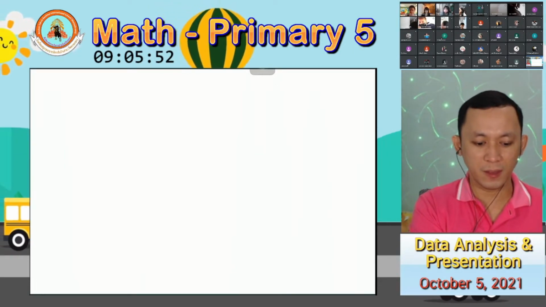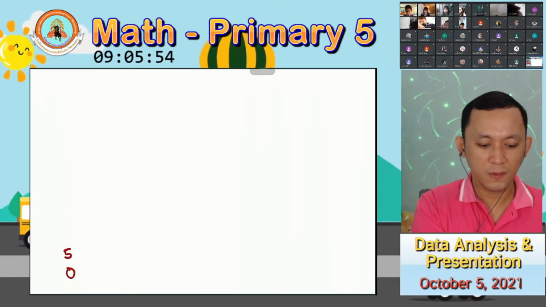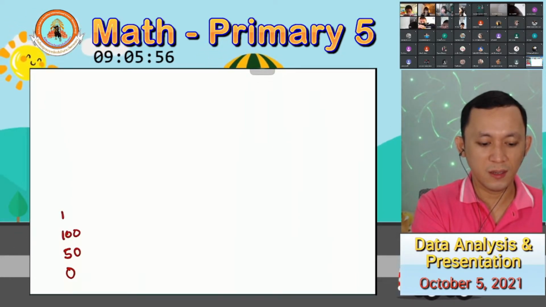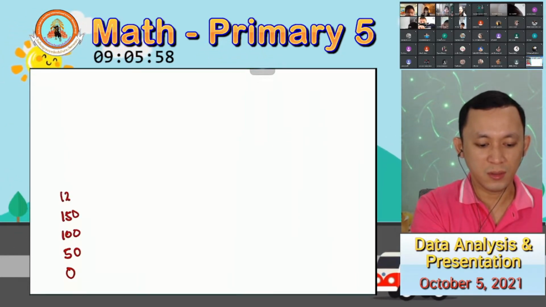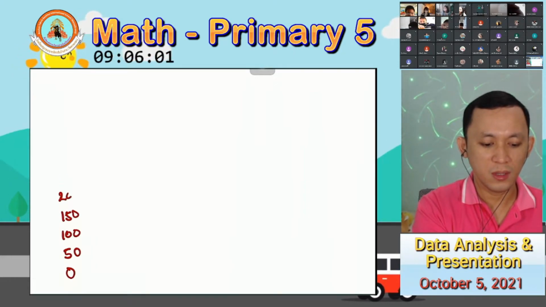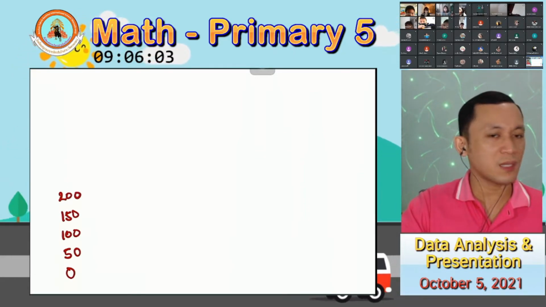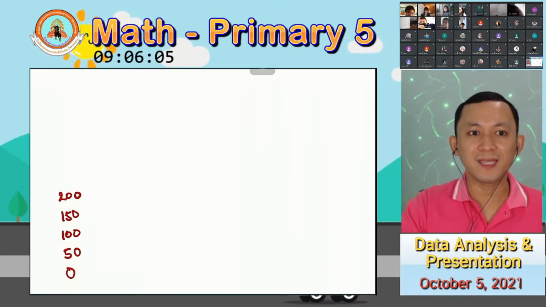If we use 50: 0, 50, 100, 150, 200. What is our data? 1,400.